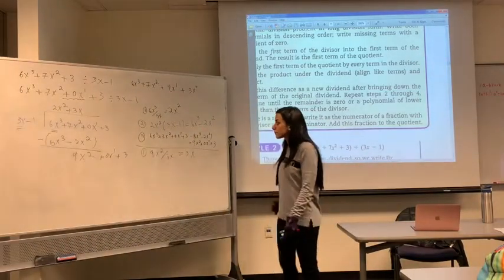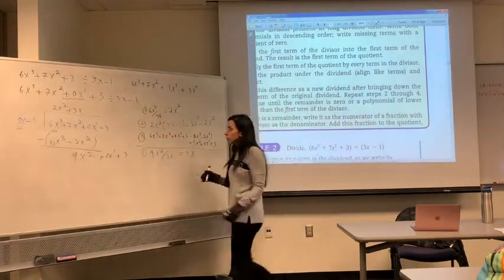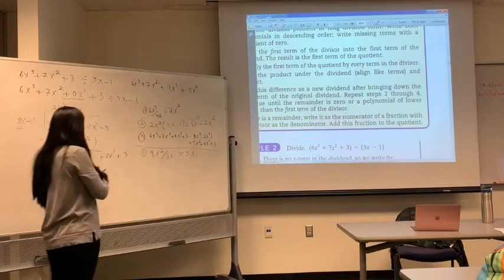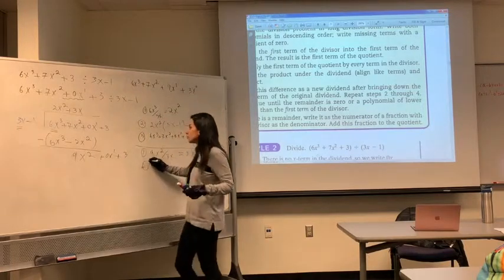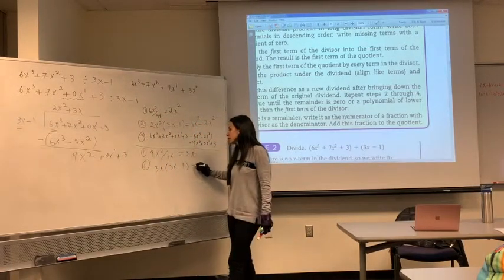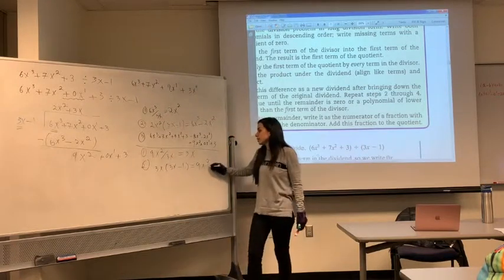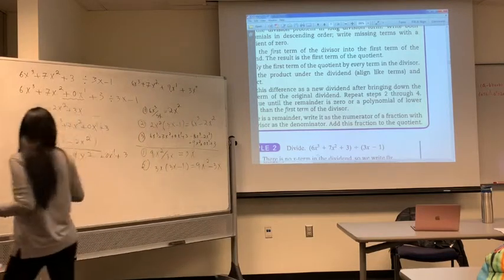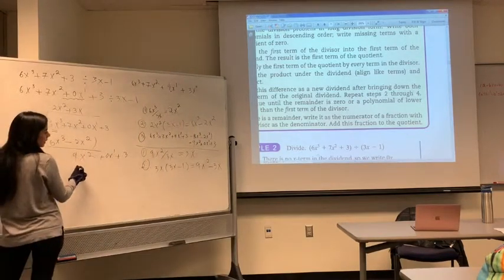We divided this one by this one, and now we are going to multiply 3x by 3x minus 1, which gives 9x squared minus 3x, right? So we write it down here.